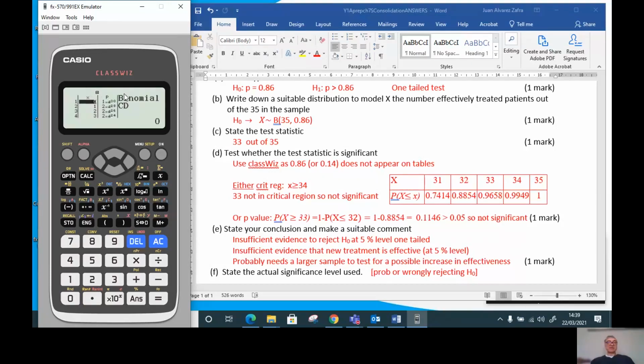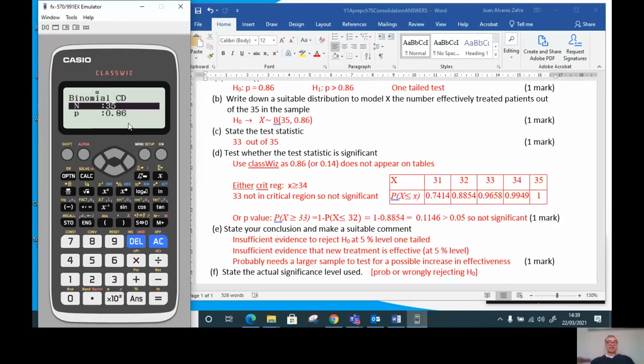Now we want to get values of x, and you can check roughly what you need by taking 0.86 of 35 and then realizing you need to be higher than that. So let's look at 31 and higher: 31, 32. You might have to play around with the values until you get in the area that you want, so it may be a bit of trial and error. 33, 34, and I'll do 35 as well.